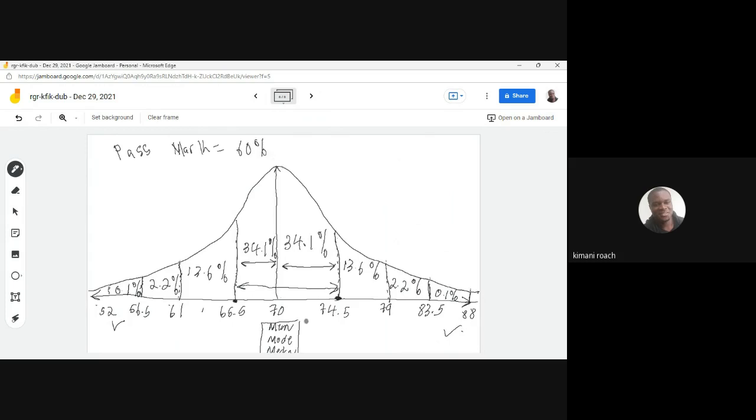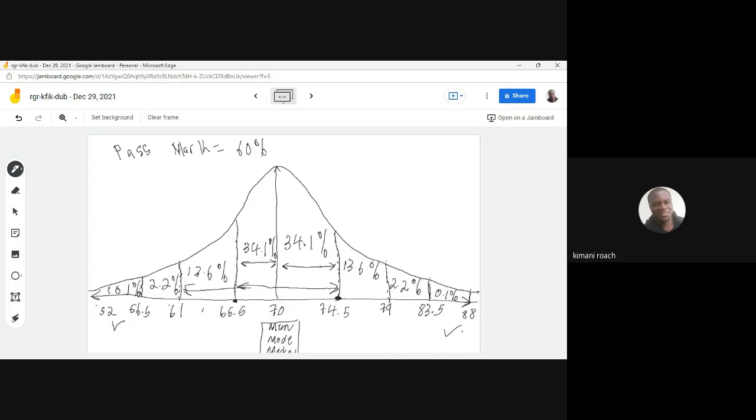The majority of your students are scoring what we call average. They are performing at an average rate, and that is how we can understand that this data is normally distributed.